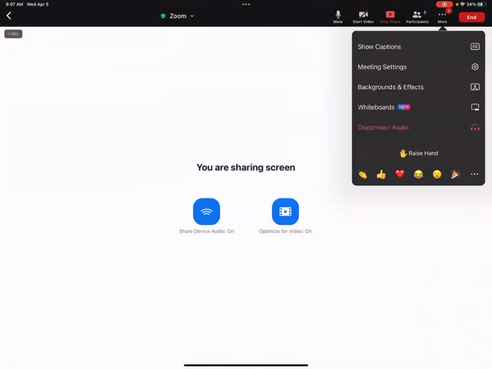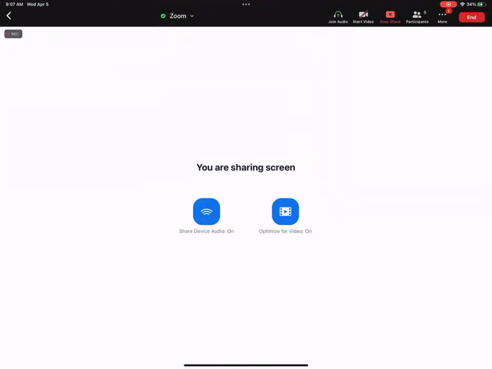One of the solutions sometimes is to disconnect. No, it's joined. I don't want the computer to join. The audio was always joined from the iPad. So let me just check and see if they're saying it's okay. Okay, good. They're saying it's working now.